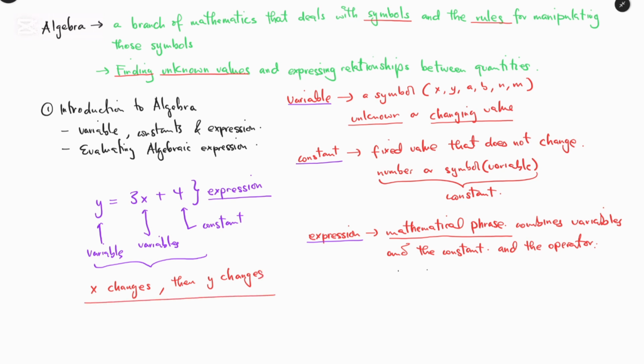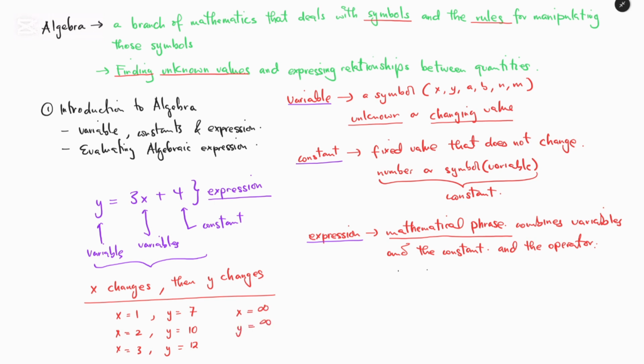However, the constant will not change. When we substitute x is equals to 1, then y will be equals to 7. When we substitute x is equals to 2, y will be equals to 10. And x is equals to 3, we have y is equals to 12. And whenever x changes to infinity, y will also change to infinity.